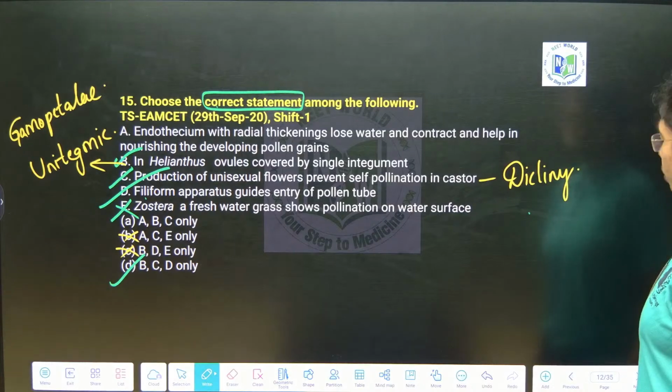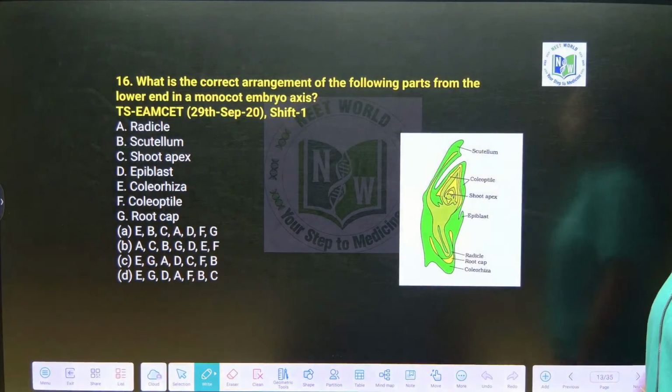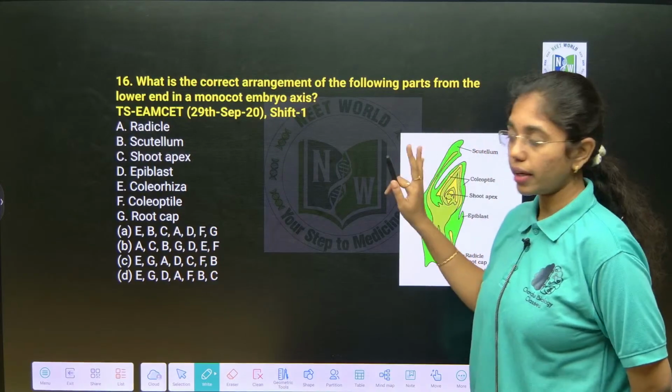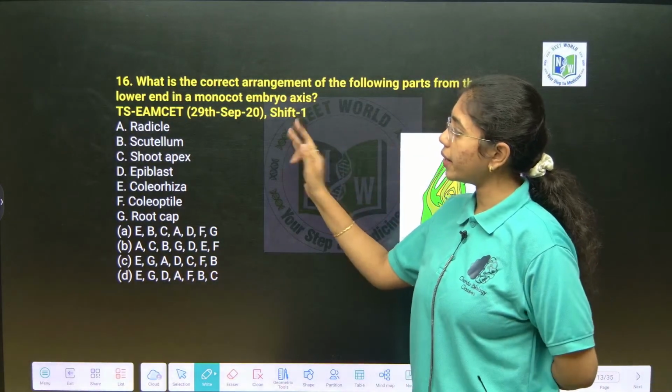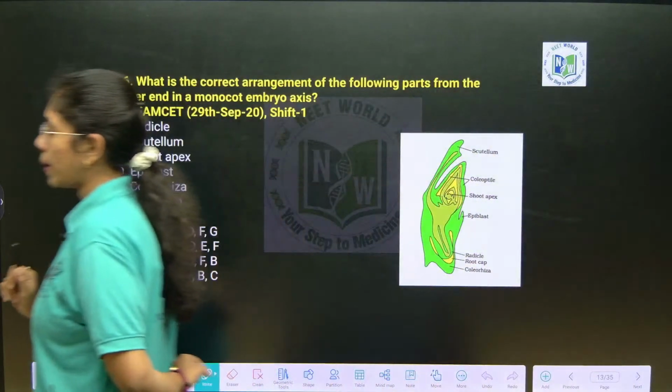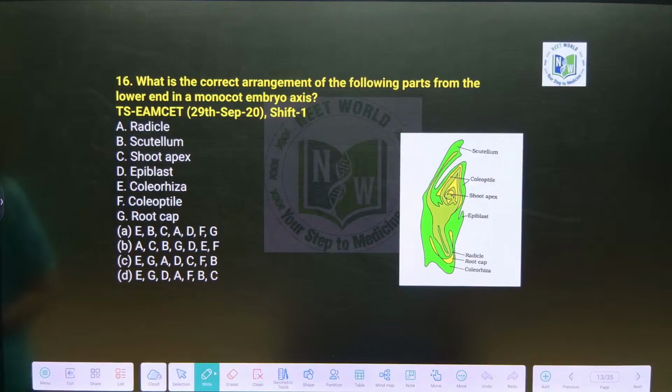Yeah. Next question. Look at here. This diagram I gave you for reference. Don't look at this now. Just try identifying the sequence first. Try out identifying the sequence.